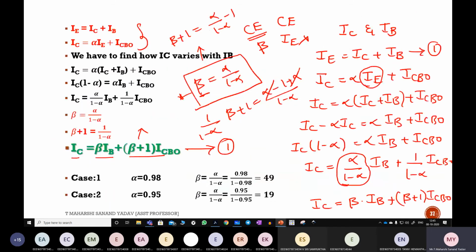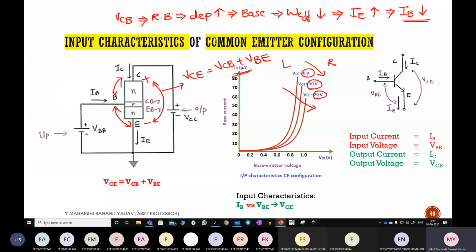Right, can anyone explain me this now? Input characteristics once again. Tanvi? Yes, sir. Can you tell me what is happening? Why is it moving away from IB? In reverse bias, as the depletion region increases, it penetrates into the base, and W effective will decrease.